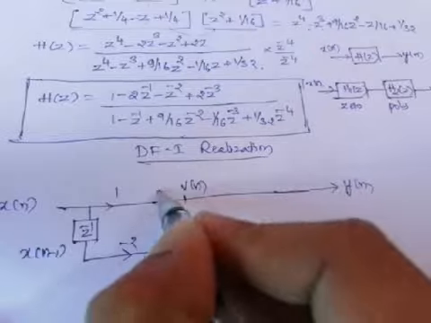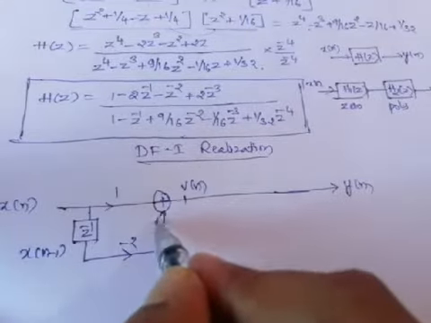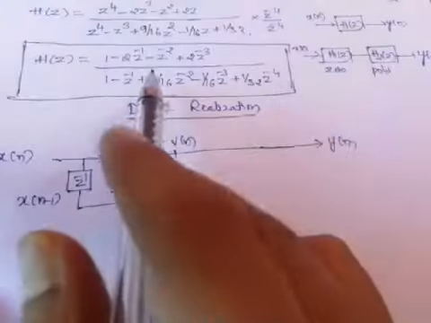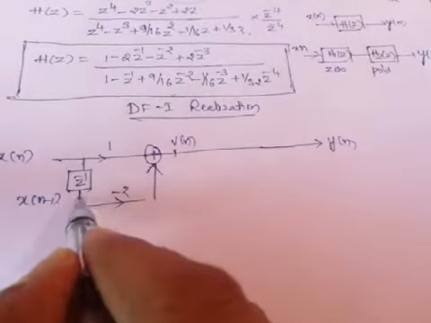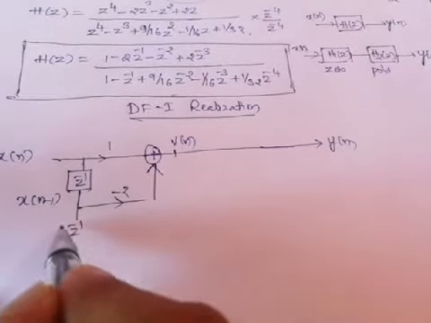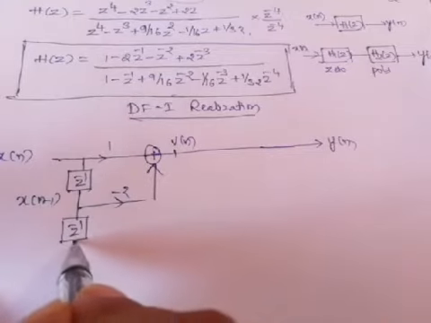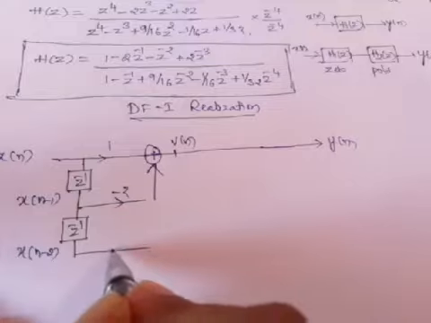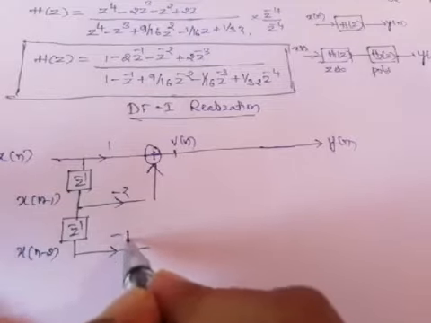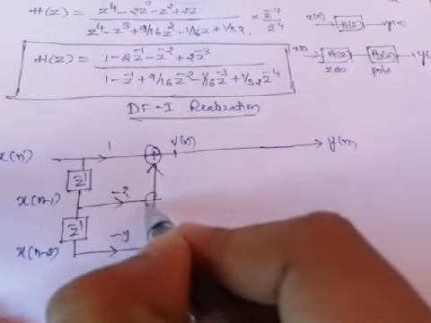Add with the previous result. Okay, next, second time delay, x of n minus 2, the coefficient term is minus 1. Add with the previous result.